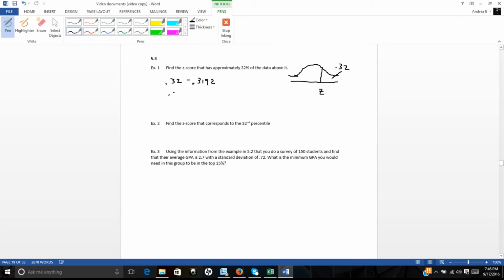And then we could also do our 0.32 and subtract the other one that's close to 0.32 if you're not sure which one is closer right off the bat here. So the other one was 0.3228 was the other one that's close to 0.32. And it's not necessarily going to be the one that's above or below that value. It's just whatever one's closer.